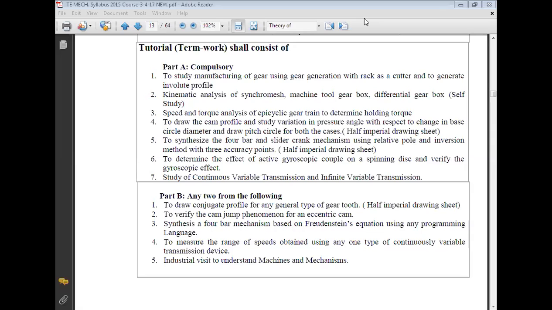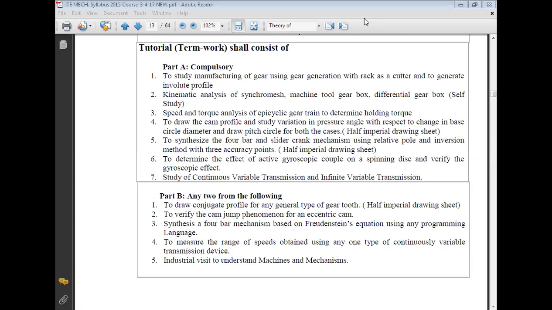And the last one is an industrial visit to understand different machines and different mechanisms. Now, machine and mechanism, you have dealt with these words in your unit number 1 in the Theory of Machines 1 subject.